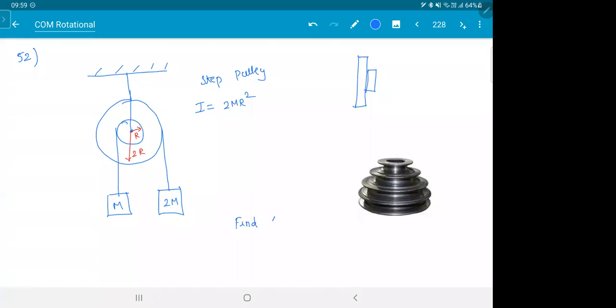Find alpha of the pulley and the acceleration of the blocks. This and the previous one are quite similar, but the radii are different. Try. See, this is how things work: you take one simple concept and keep stretching it, adding small, small changes. Get it?